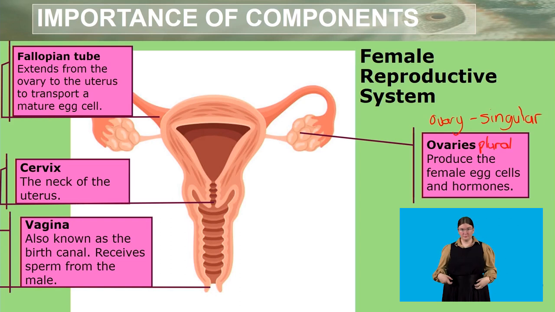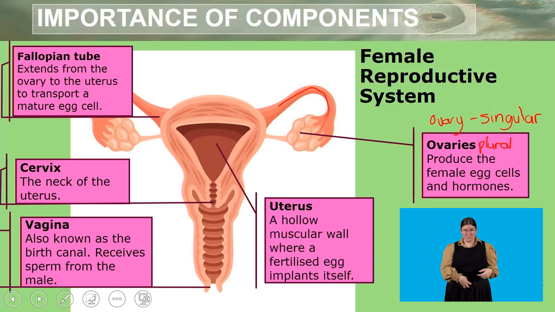The ovary is the organ that releases ova or an ovum. We know that ova or ovum refers to the egg cells. And this is released or transported through the fallopian tube. This is the fallopian tube, just as we have looked at the components that are part of the reproductive system.